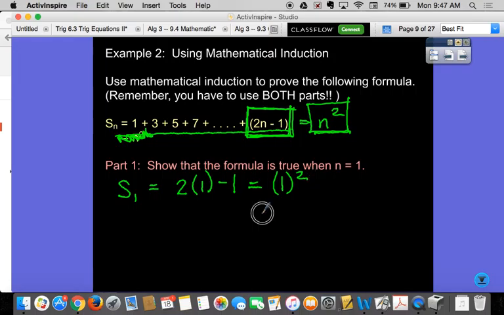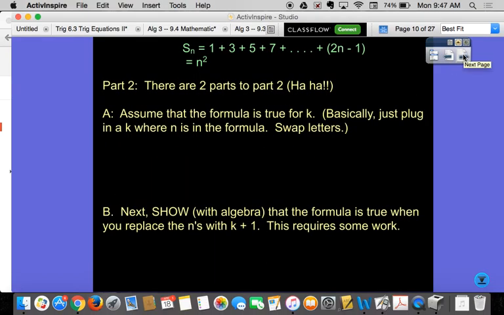Prove that they are equivalent. Just don't cross over. The left side stays over here, and the right side stays over here, and just prove that they're equal to each other. When you do, you have fulfilled that duty. Okay? Now, go to the next portion.